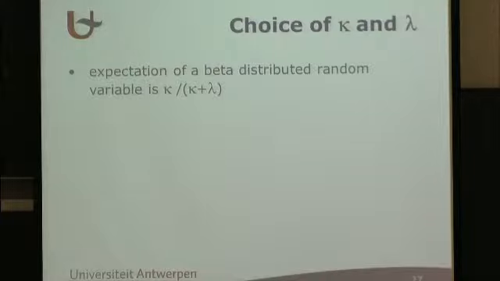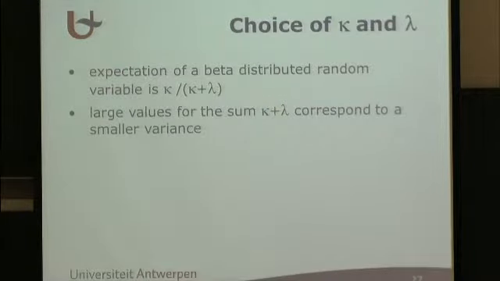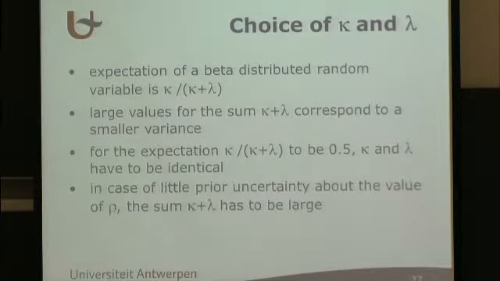Here too we can make clever choices of the parameters of our prior distribution. We know that when we have a beta distribution, the expectation is kappa over kappa plus lambda. We also know that large values for the sum kappa plus lambda correspond to small variances. And then if we expect eta to be around 1, or the intra-class correlation coefficient to be around 1/2, then we should make sure that kappa over kappa plus lambda is also equal to 1/2.